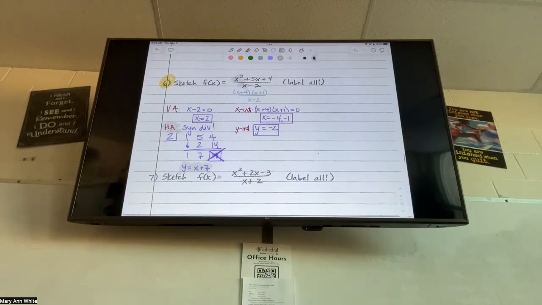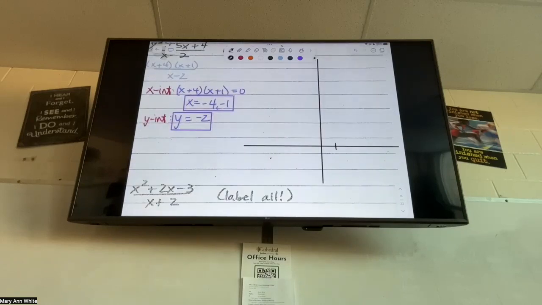Here's my graph going to be over here. I'm doing a little off-centered graph because I'm going to need to go all the way up to 7, and I also need to see -4. So I've got a lot going on here. 1, 2, 3, 4, 5. 1, 2, 3, 4, 5. 1, 2, 3. 1, 2, 3, 4, 5. 7, 8, 9, 10.